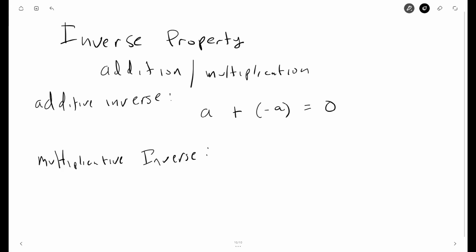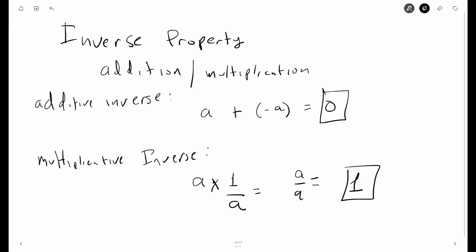So the number a times its reciprocal, which is always going to be 1 over a, is always equal to a over a, which is 1. And you have to assume that a is not 0.